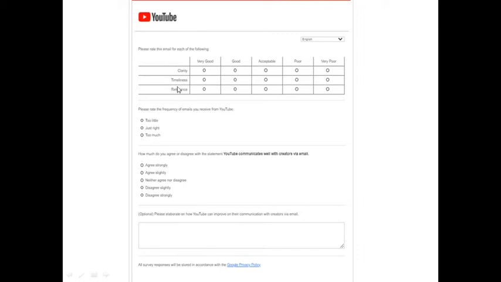The aspects given are clarity of the mail, timeliness of the mail, and relevance of the mail to me. In the first aspect, horizontally you see there are some categories: very good, good, acceptable, poor, then very poor. This is called a scale, but this scale is in categorical form. So I'll discuss it again.